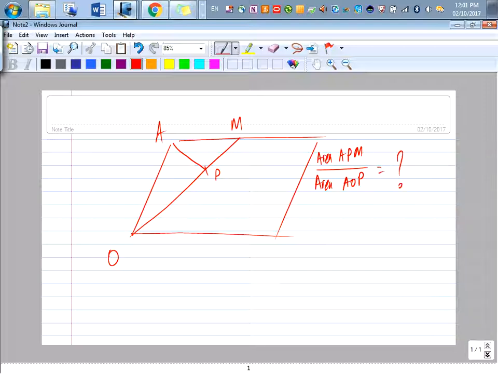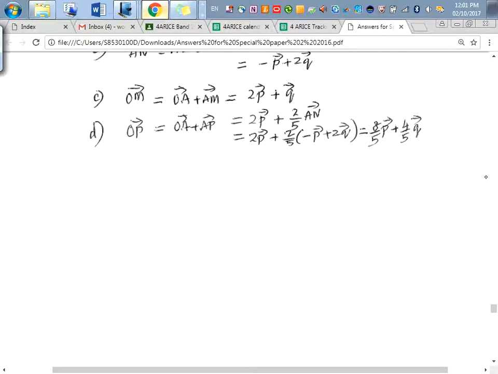In part 2, we already showed that O, P, and M lie on a straight line, and we also had an equation. This OP is equal to 8 over 5 P plus 4 over 5 Q.